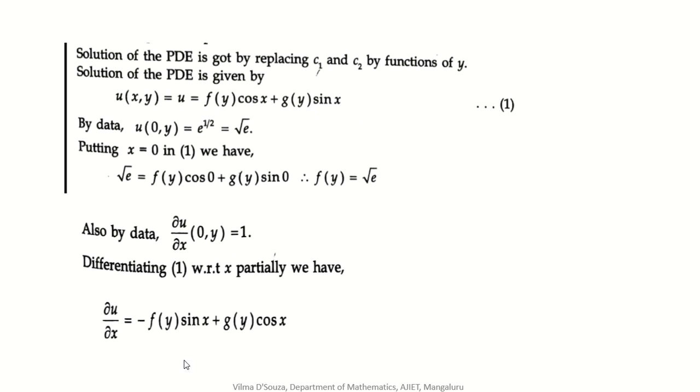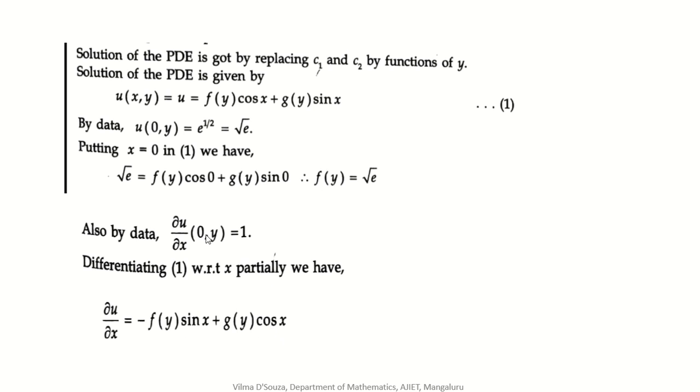So ∂u/∂x is f(y), which is constant, into the differentiation of cos x, which is -sin x, plus g(y) into the differentiation of sin x, that is cos x. So ∂u/∂x = -f(y) sin x + g(y) cos x.